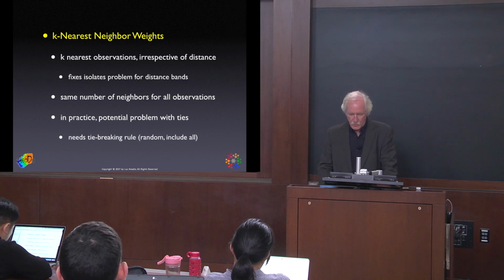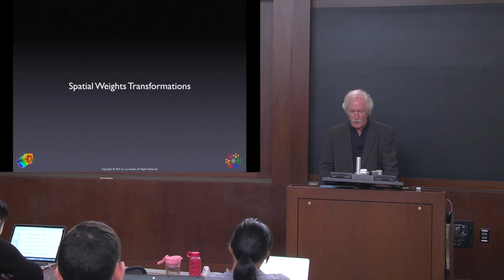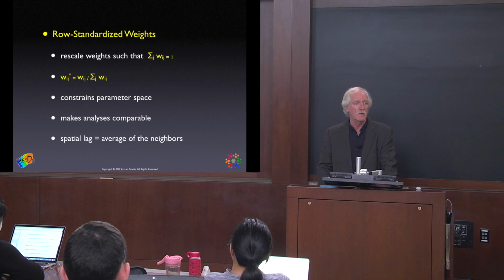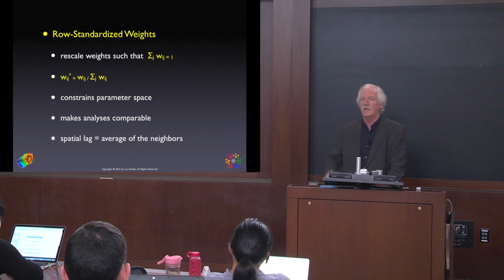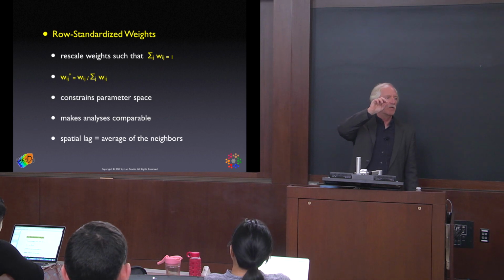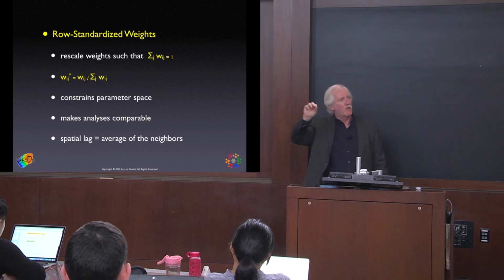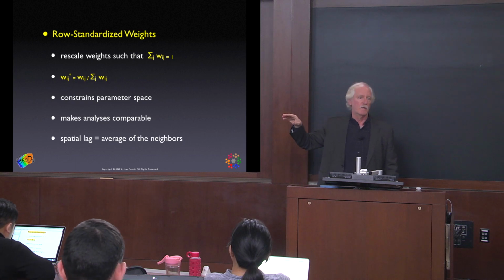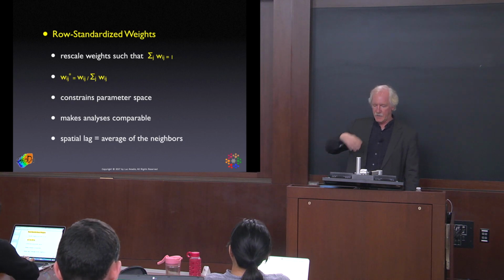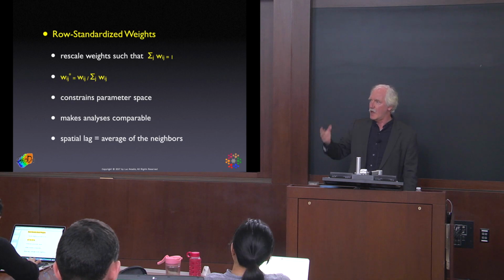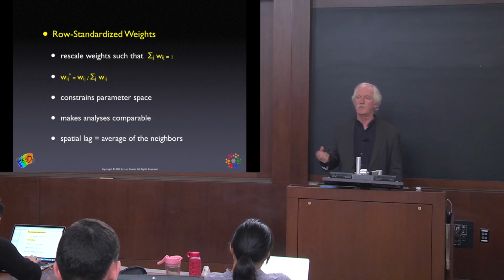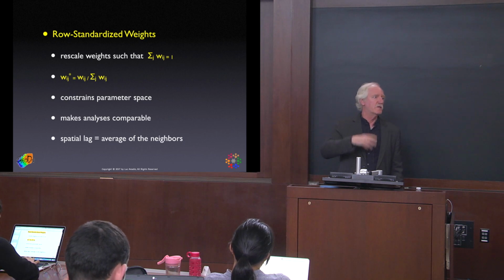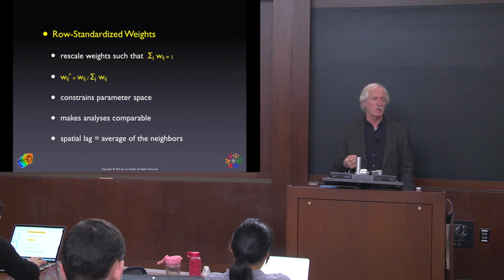So then transformations, just one I will talk about is row standardization. You rescale the weights so that for each row, the weights for each observation with respect to all of its neighbors sum to 1. Later we'll see that this helps us a lot in defining a spatially lagged variable, which turns out to be a simple average of the neighboring values.